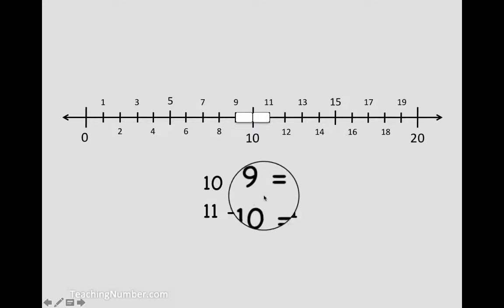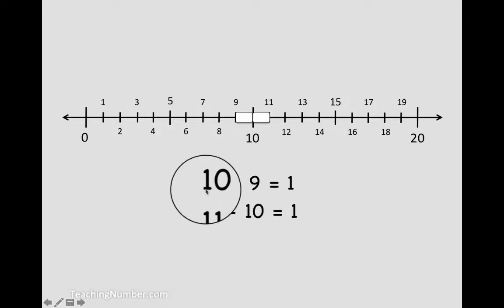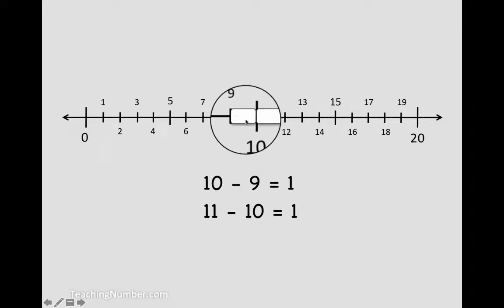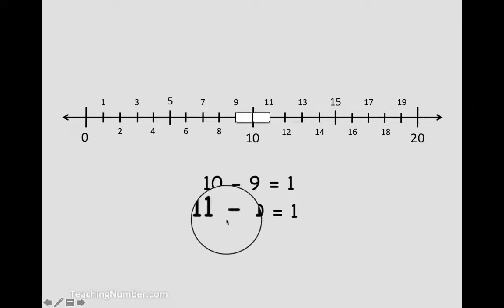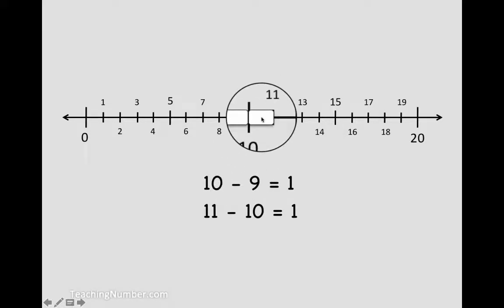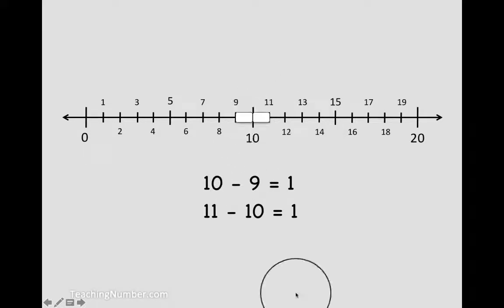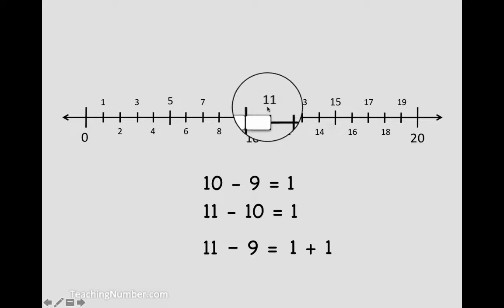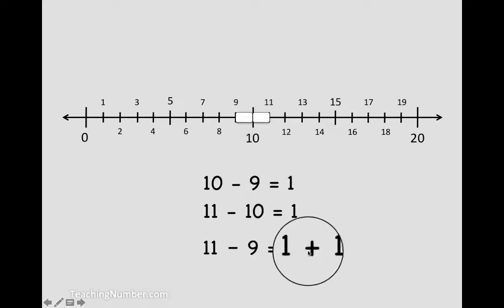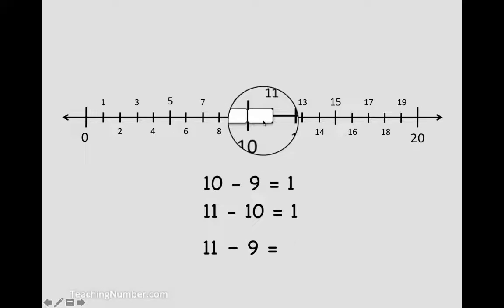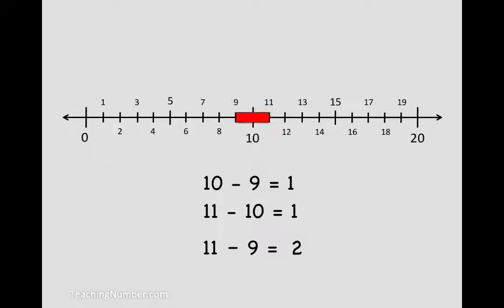Here we have the distance from 9 to 10, which is 1, and the distance from 10 to 11, which is also 1. So we can think of the distance from 9 to 11 as being 1 plus 1, which is 2.